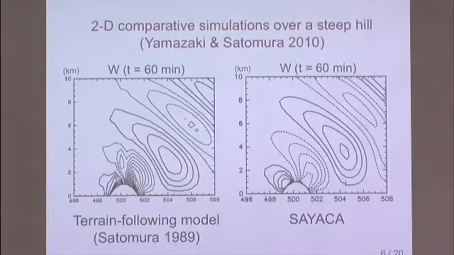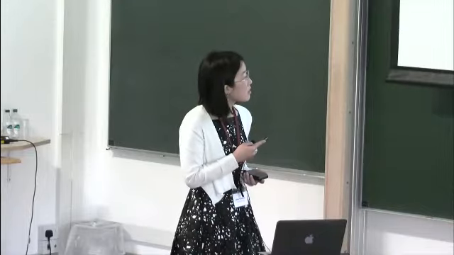This is the result of flow after 60 minutes of integration. The right picture shows the vertical velocity field calculated by the terrain-following model, and the left picture shows that by the Cartesian model. As you can see, the Cartesian model successfully reproduces smooth wave propagation, and the result is clearly less noisy than that of the terrain-following model.